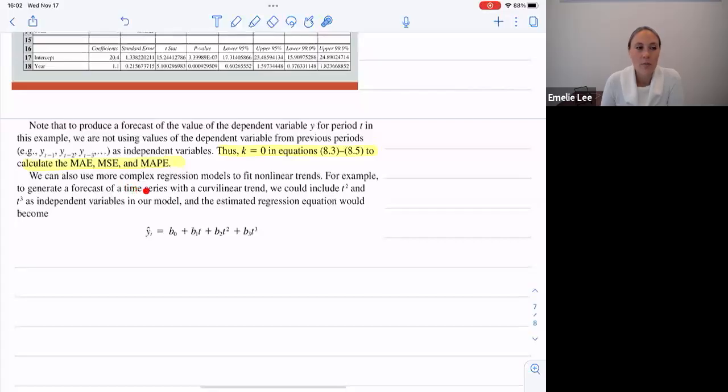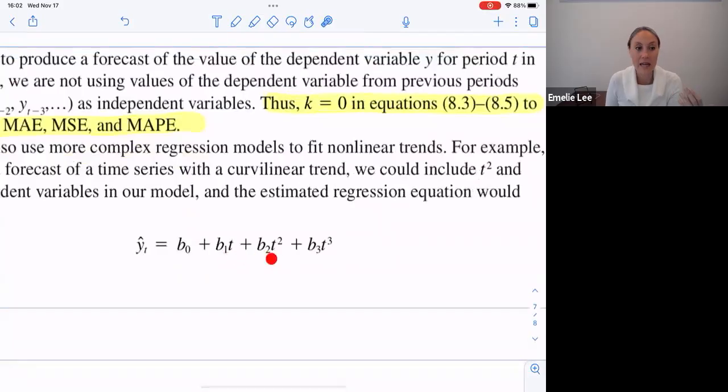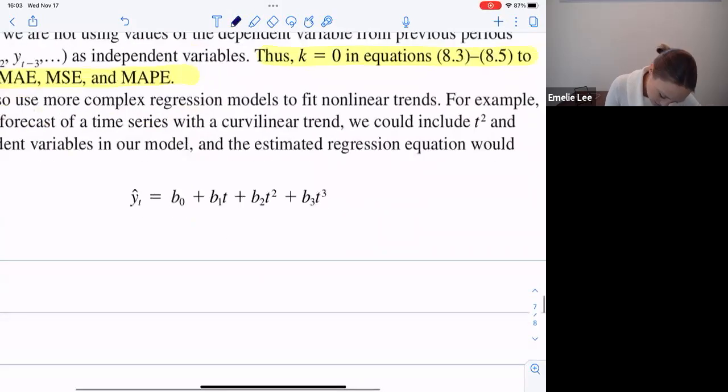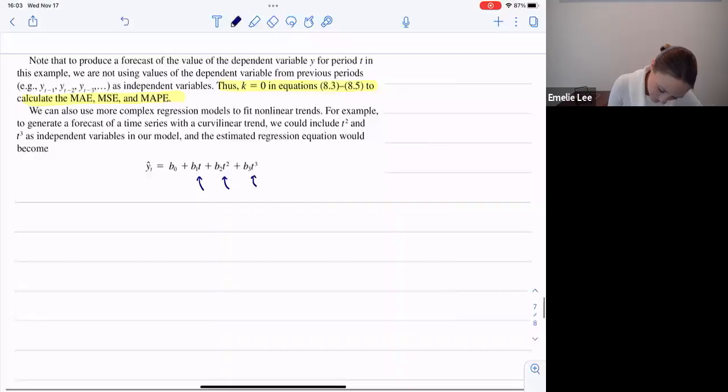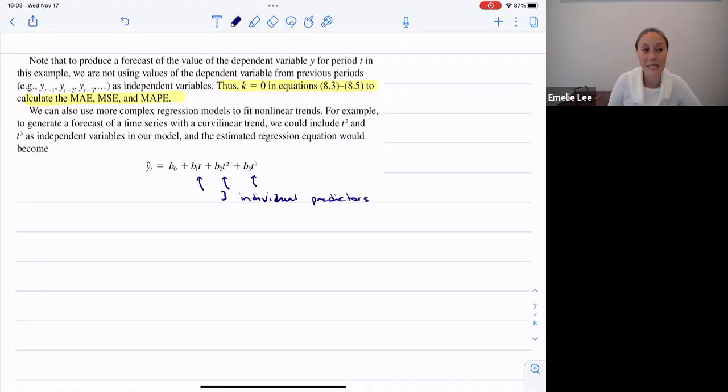We can also make more complex regression models, right? If you have some sort of curve, then maybe you want a squared t term. Or if you want to go really crazy, you could have t, t squared, and t to the 3 as individual predictors, but they all use t.